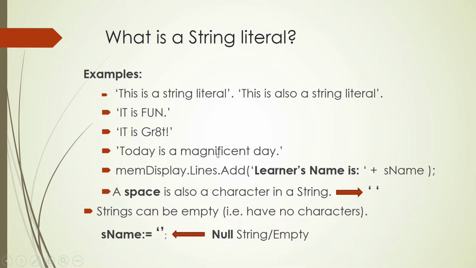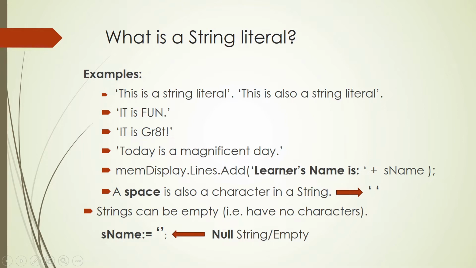'Today is a magnificent day.' is also a string, including the character, the full stop. In the next example, I'm displaying onto a memo, 'Learner's name is', and I'm joining it to a variable.